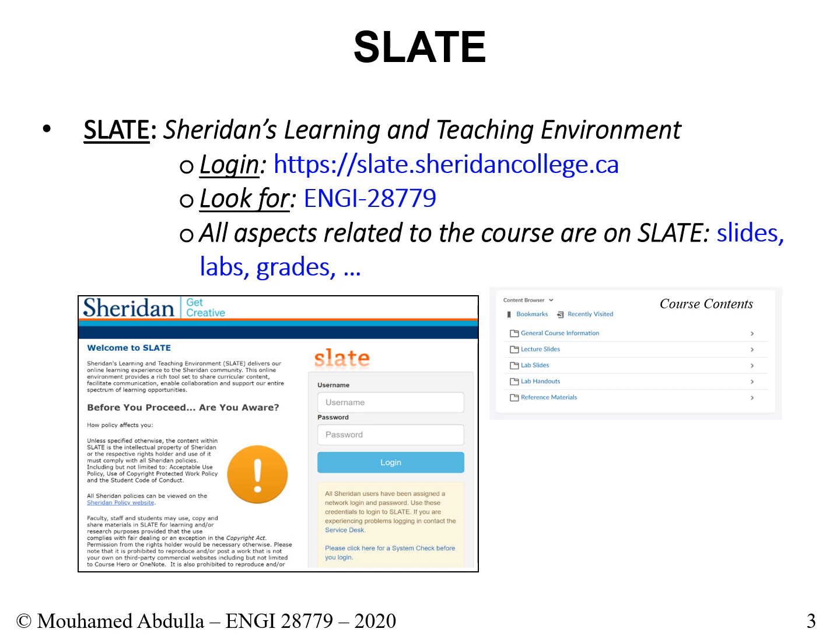So every section will have their own landing page for this course. In that page, I post all the stuff related to the course, including slides, labs, grades, assignments, everything will be there. Also, the evaluations that we will do in this course, because we're doing all the evaluations online, will be on SLATE.